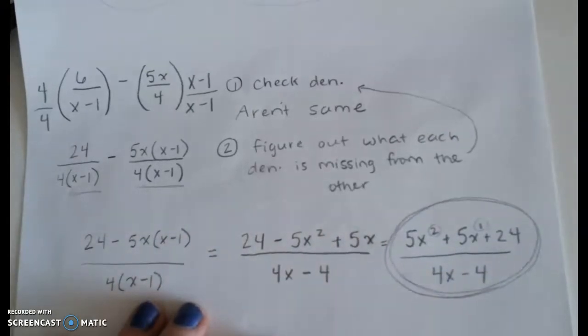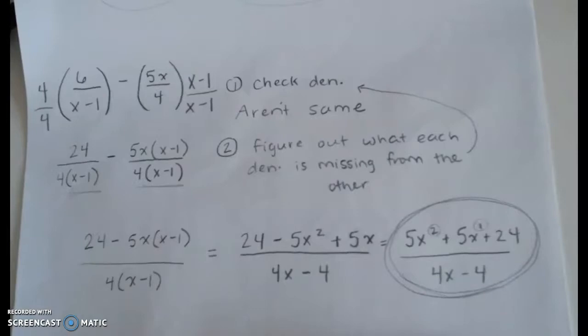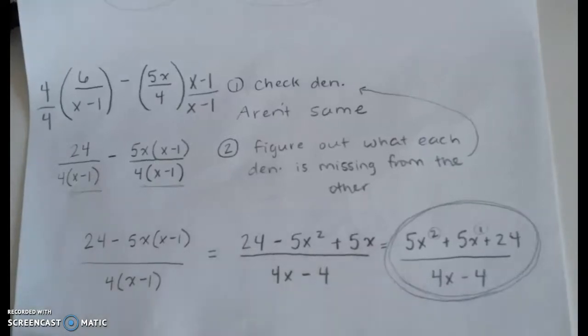It's not impossible to find the solutions. We could use the quadratic formula, but at face value, we cannot bring out a GCF and we cannot factor it. So we're going to keep it in this form. And I'm going to look and see what form they wanted you to put it in on our answer key. That's exactly how they wanted it. So this is as far as we can simplify it.